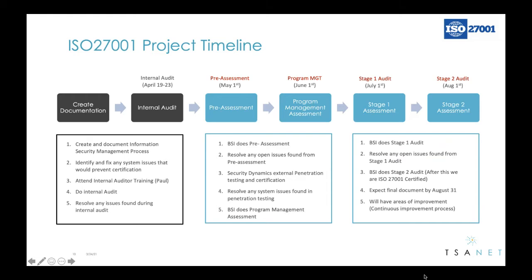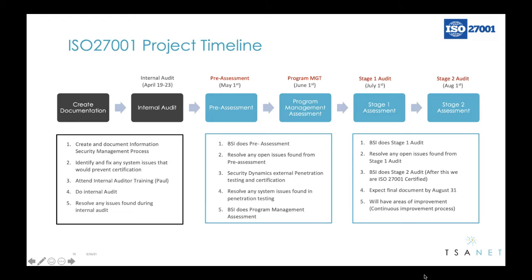And then we go into the stage where we've got BSI, who are contracted to come in and do the certification. We have a pre-assessment stage. We have then a stage where you can take a look at our program management of, again, the information security management process. And then there's a two-stage audit process that's taking place as well.